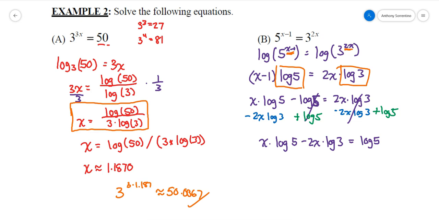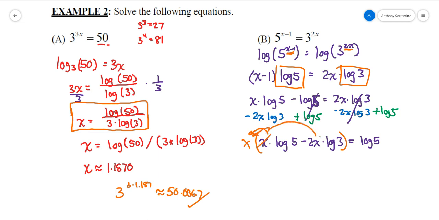Without me figuring out what log 5 is and log 3 is, I kind of lose my ability just to combine some like terms, because if I just had some number times x, and I actually wrote what the number is, and then some number times x times this 2 out here, I'd be able to carry through the subtraction and combine those like terms. Well, since I'm doing it this way to keep this as exact as possible, I kind of lose my ability to do that. But what I can do is factor out the x.